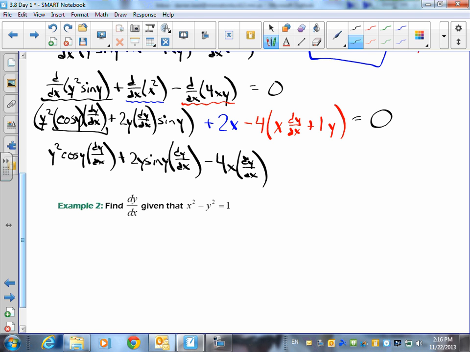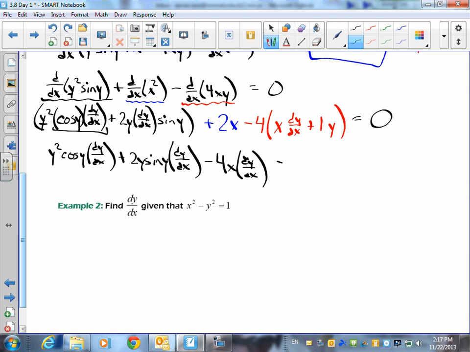I'm going to do an extra step now, though. What am I going to do with the 2x and the negative 4y? The 2x is blue, the negative 4y is red. The 2x is here, the negative 4y is here. If I want all the dy dx's on one side and everything else on the other, let's move them over to the other side now. Is that okay?